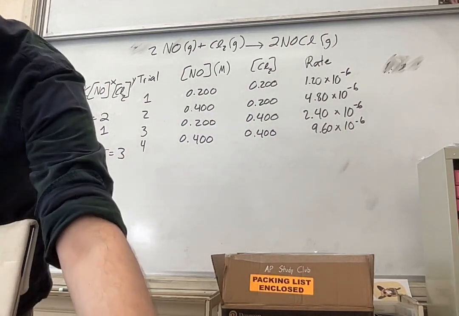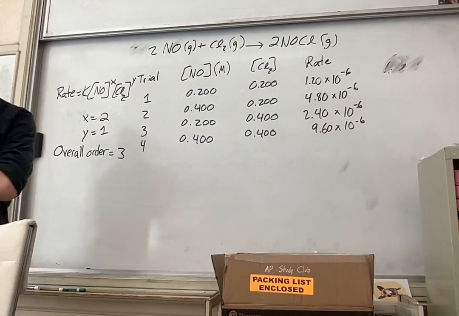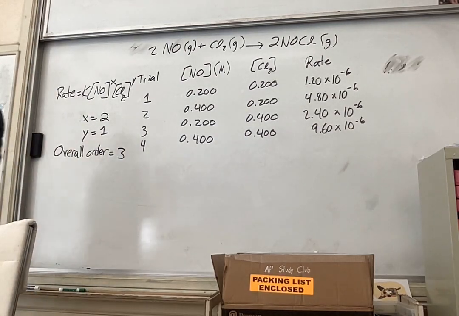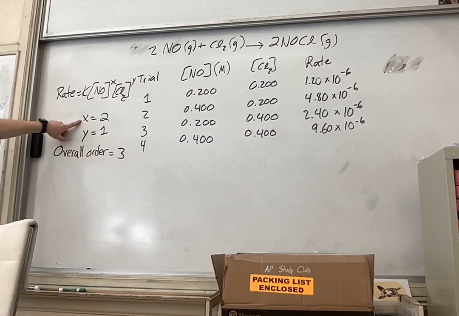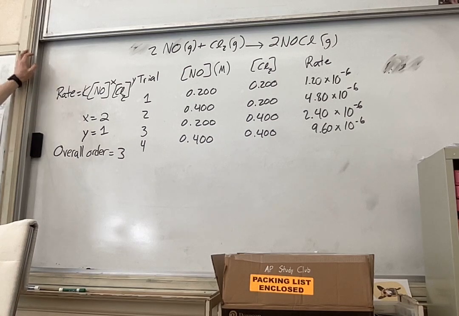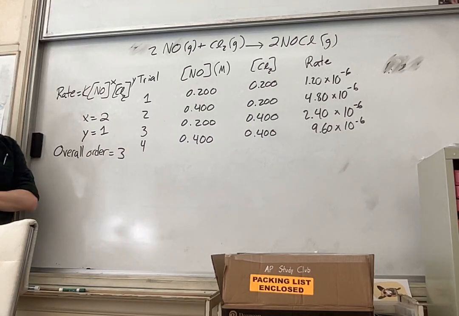As a function, you could say the amount of rate change divided by the amount of concentration change. To find the order, how does the order relate to the change in rate?